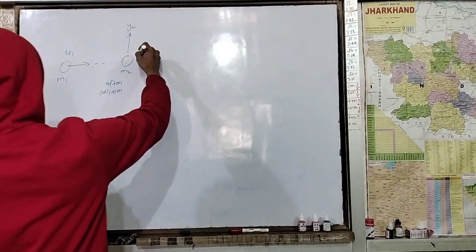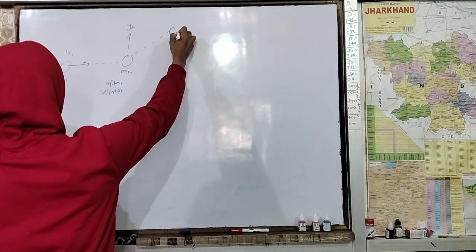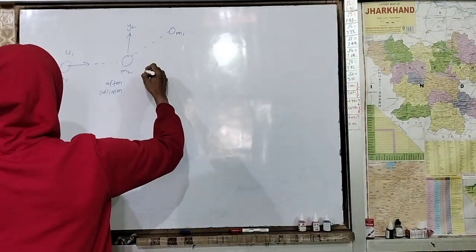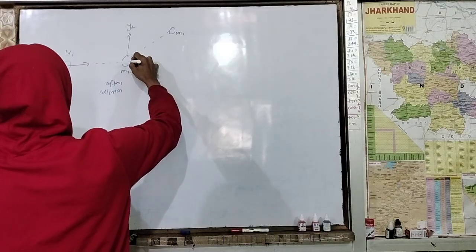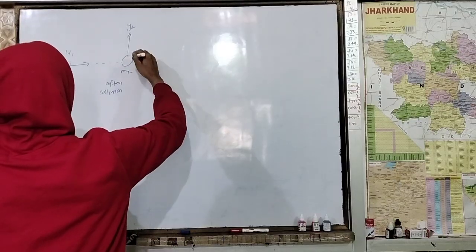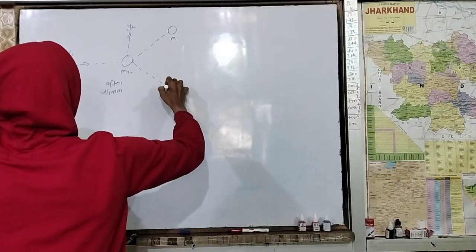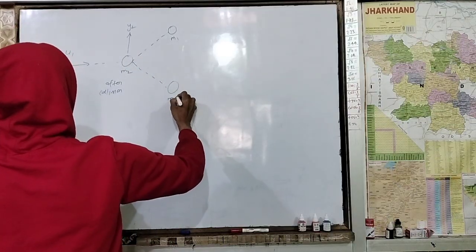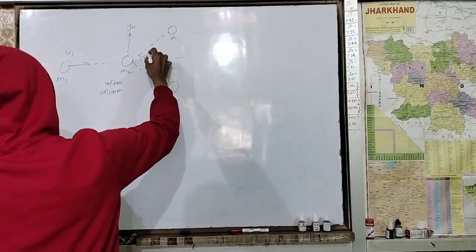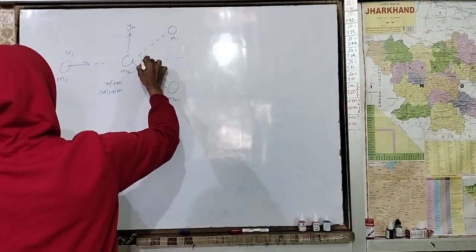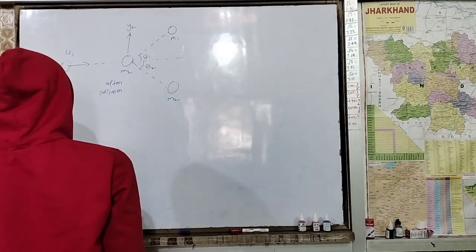After collision, what will happen? This M1 will go over here, and M2 will go downward, making angles theta 1 and theta 2 with the horizontal.